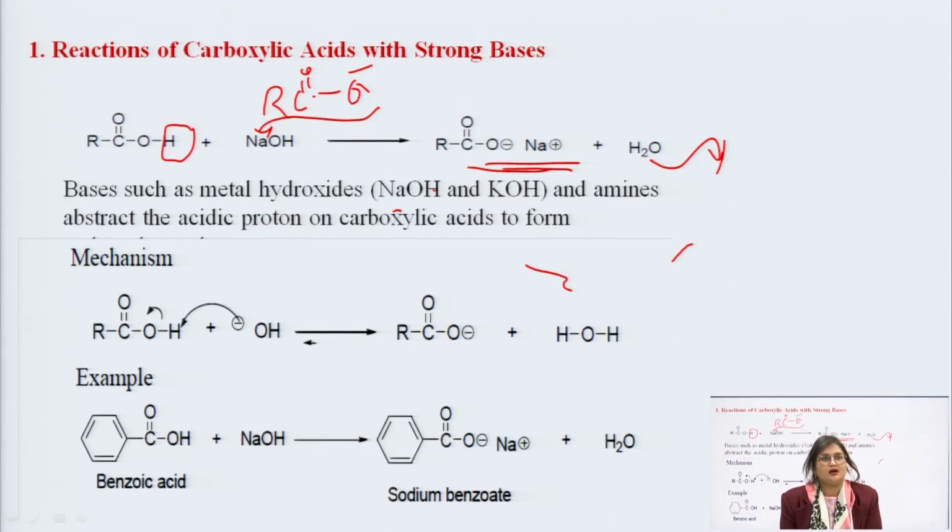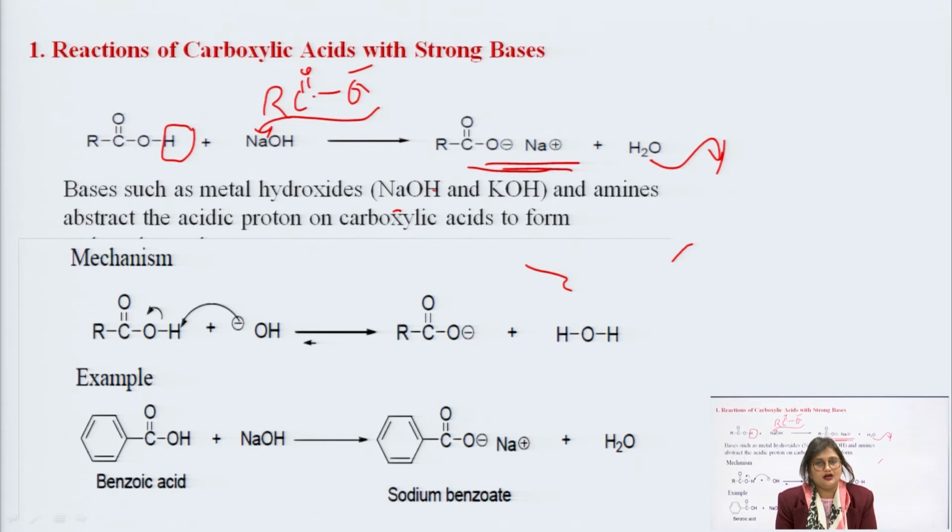Bases such as metal hydroxides like sodium hydroxide and potassium hydroxide, and amines, abstract the acidic proton on the carboxylic acid to form a carboxylate anion.